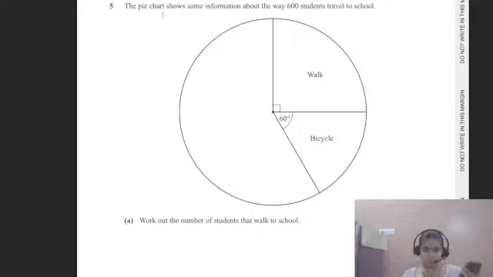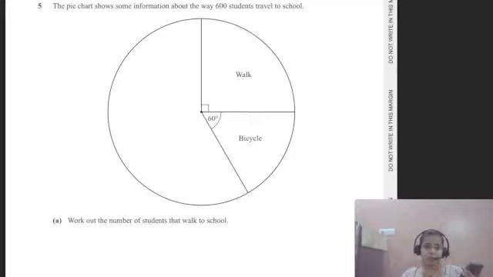Now in the fifth question, work out the number of students that walk to school, which is 90 degrees. The pie chart shows some information about the way 600 students travel to school. So total students are 600, and we have to work out the number of students that walk to school. So that represents 90 degrees out of 360 degrees of total students, which is 600.